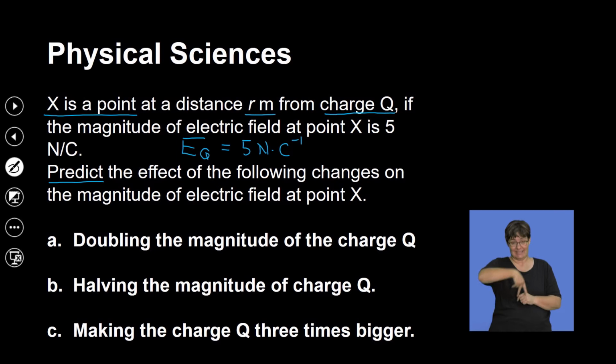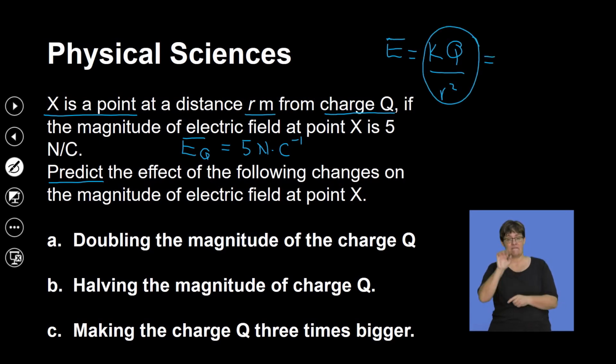So if we double the magnitude of Q, so we have E is equal to KQ over R squared, right? Now, nothing was said of the distance, so we'll keep the distance the same. Okay, so we know that this E is actually equal to 5 newtons per coulomb in terms of magnitude, okay?